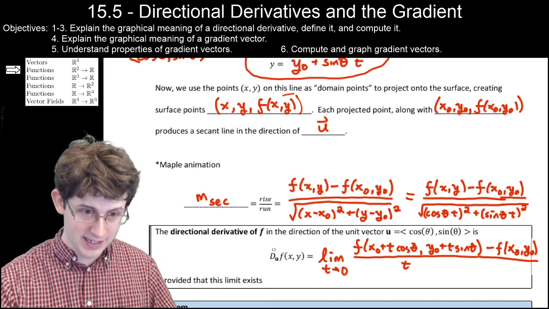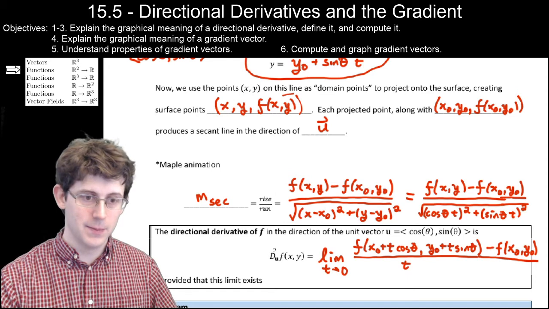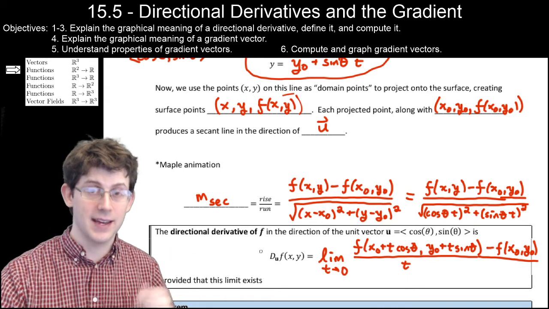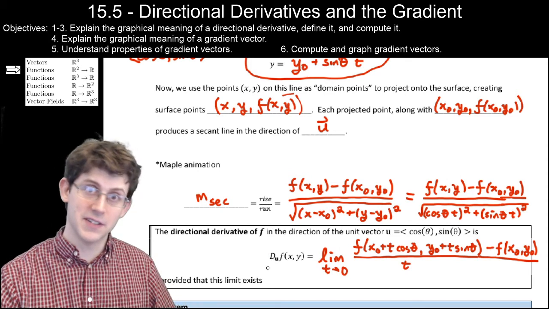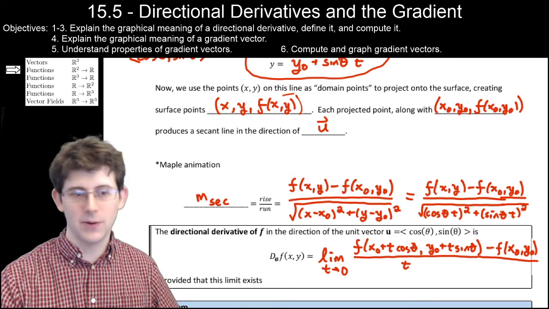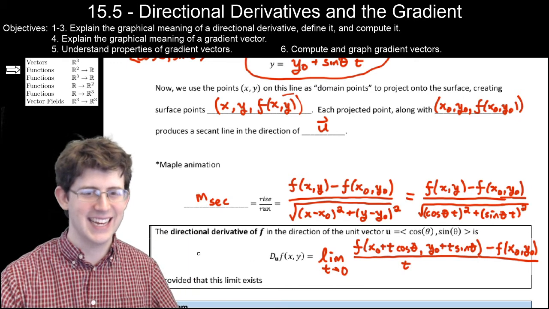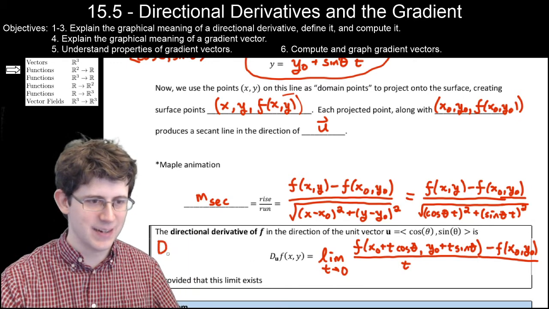One more thing is this weird notation. We had f sub x or f sub y for the x partial derivative or the y partial derivative of f. Here, we don't write f sub u. Instead, we say capital D sub u.